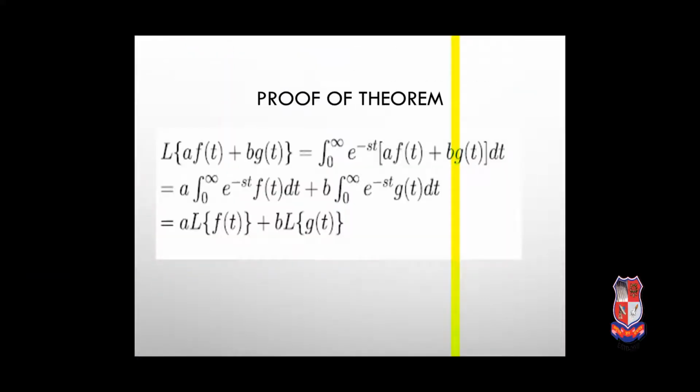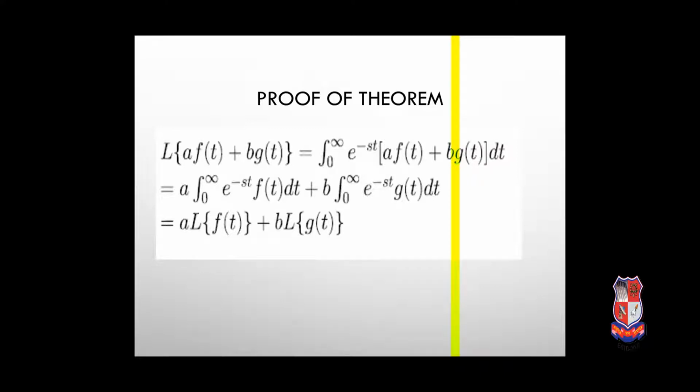Now, proof of the linearity theorem. We have L of a f of t plus b g of t is equal to, according to the definition, integration 0 to infinity e raised to minus st into, here in place of f of t we have a f of t plus b g of t, dt. Here the constant terms are a and b.